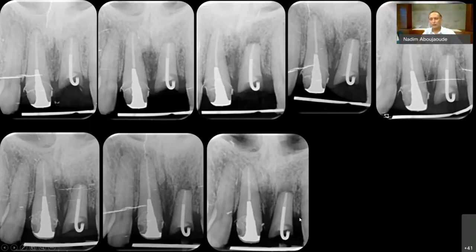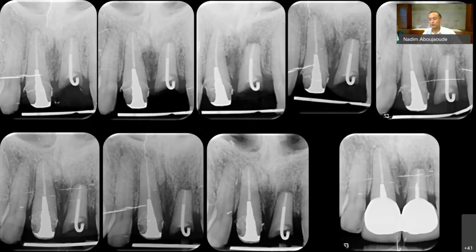And we will be able to save the tooth, not to extract it, but actually save it, connect it to the adjacent tooth, and it will last as long as it lasts. You're going to see how long it can last, because I'm going to show you cases that have been lasting for more than 10 years.